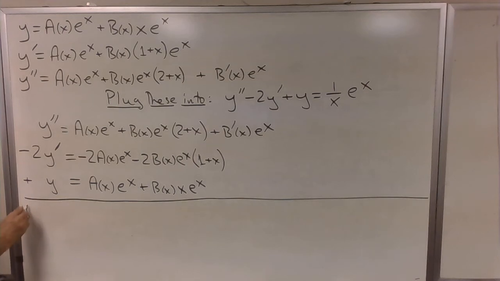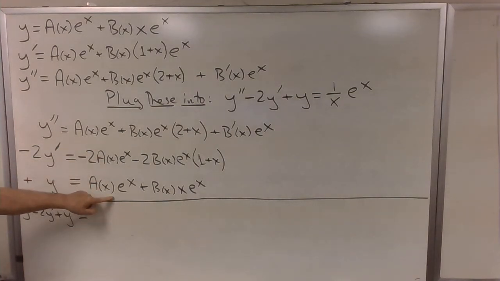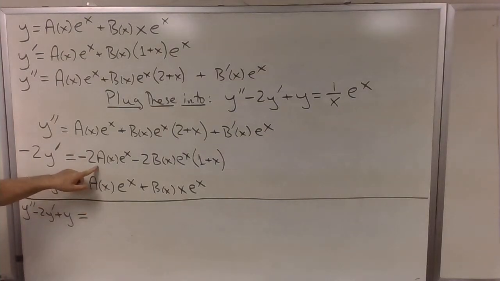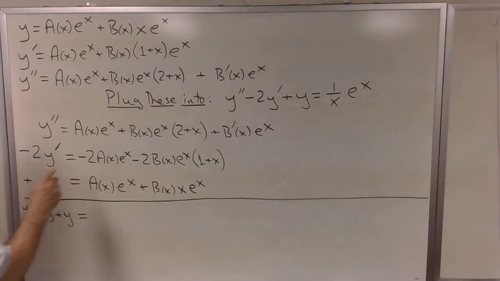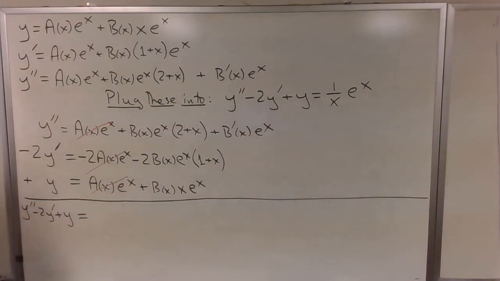So I have y double prime minus 2y prime plus y equals... ax e to the x is 2ax e to the x minus 2ax e to the x is 0. Oh, thank goodness. So these three wipe each other out. Life should always be that easy.